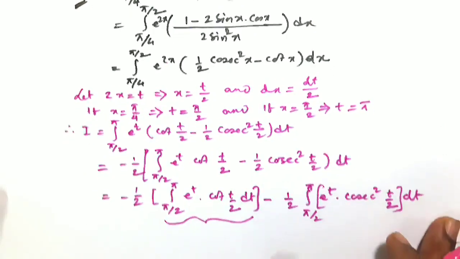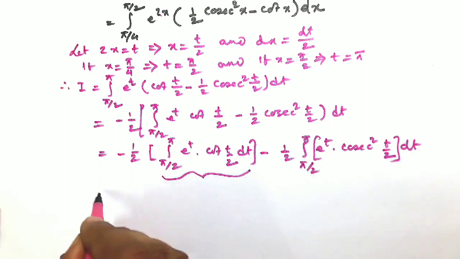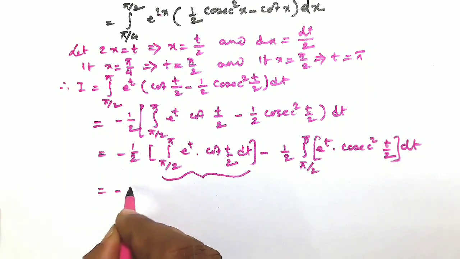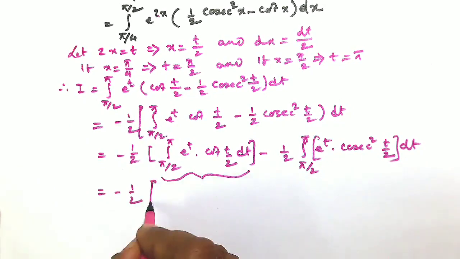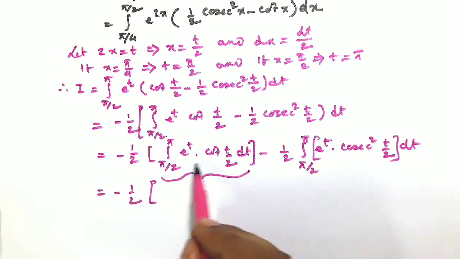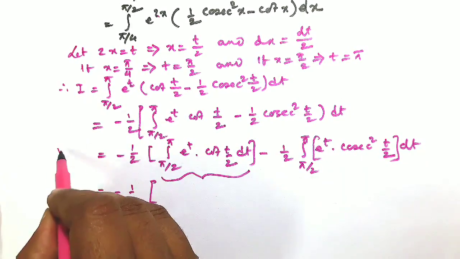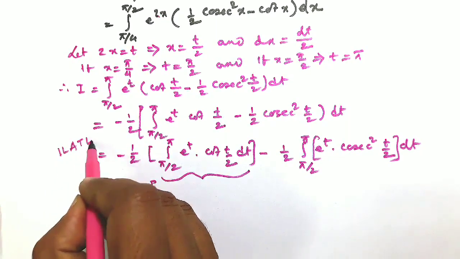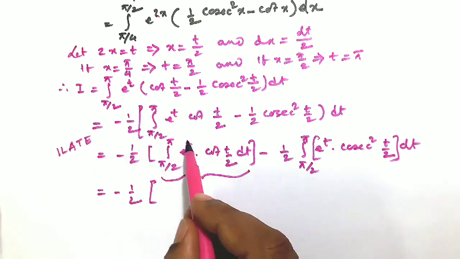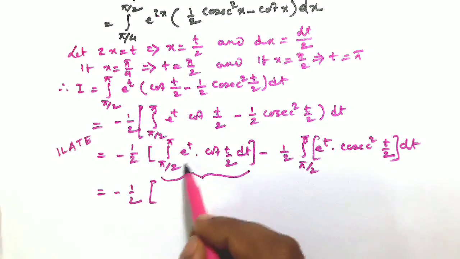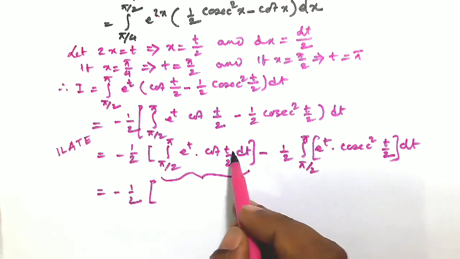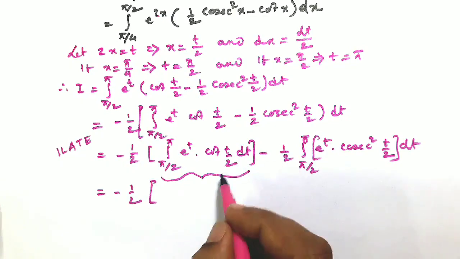Okay, so our integration will now be minus half integration. Here if you use ILATE, then you have to take e to the power t as the second function. So cot of t by 2 is the first function.